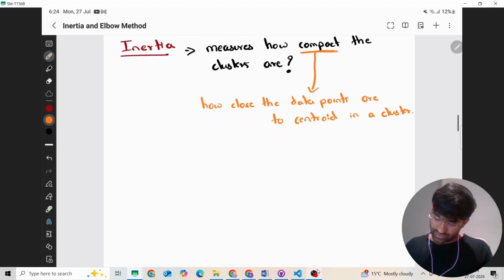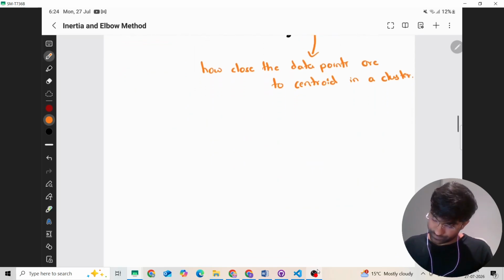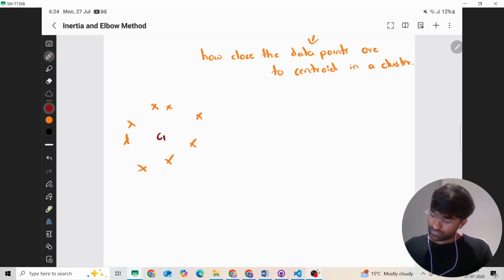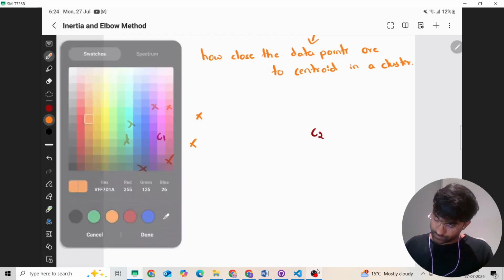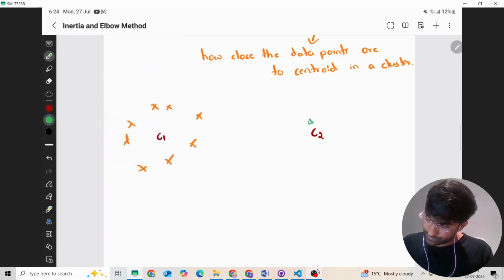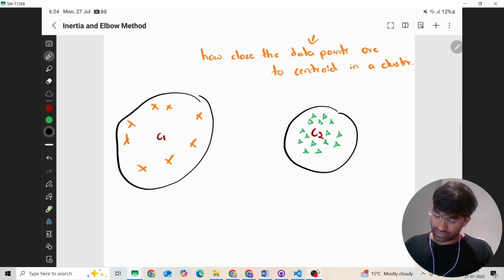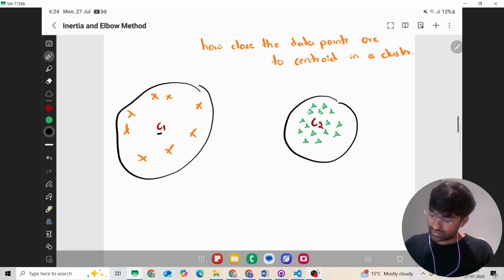Let me visualize this. This is my cluster 1 with centroid 1, and this is my cluster 2 with data points. This is centroid 1 and this is centroid 2.